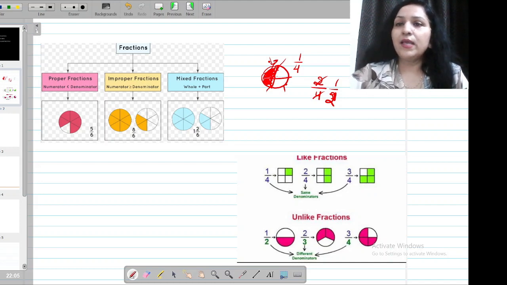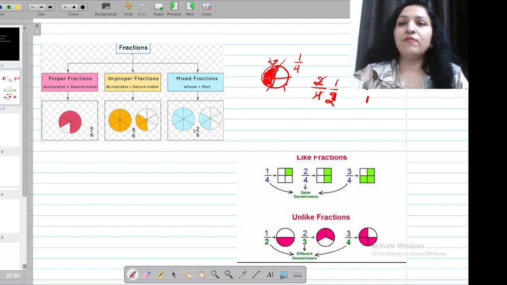Now have a look at here. If I'm having this one complete circle, one more circle I'm having, again they are divided in four parts. Four parts here and let's say four parts here. I am taking this complete circle. Complete circle means one whole. And I am taking just one shaded portion, one part here.